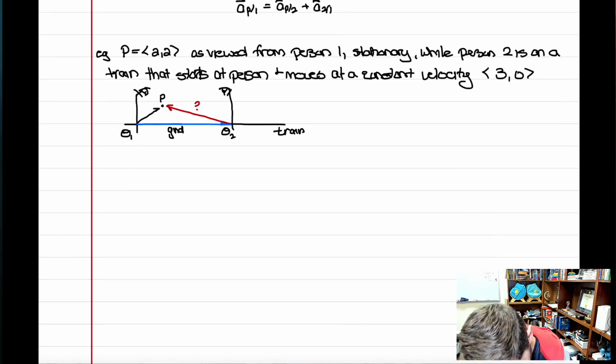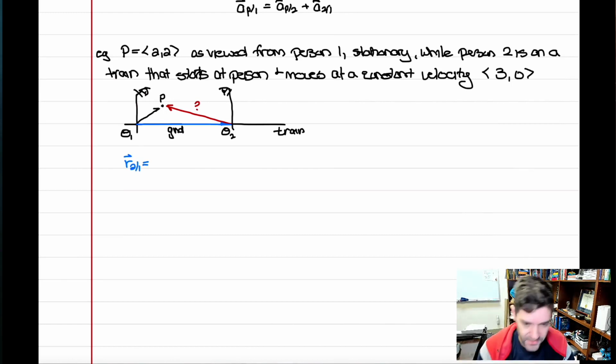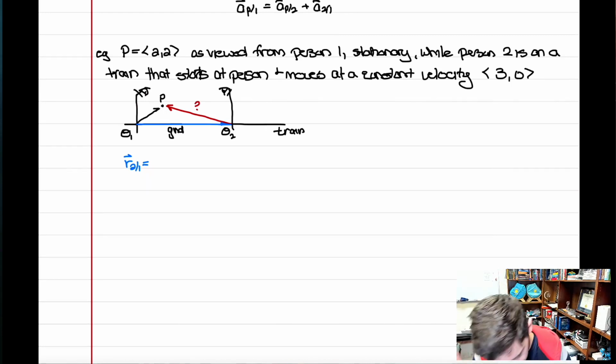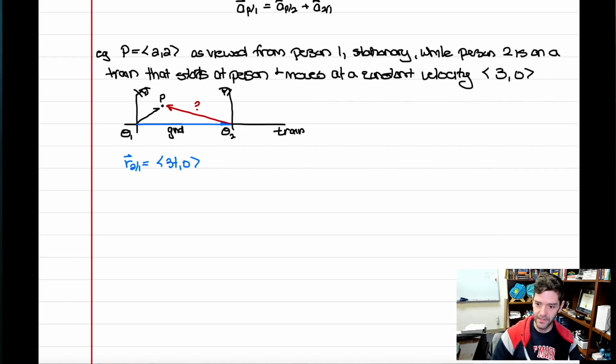Now this blue vector here, the position of 2 relative to 1, if it starts at the same position as origin 1 and then moves only to the right, it is what I accidentally wrote down before, 3t, 0, if it's moving at a constant velocity, which I just made up and said was 3.